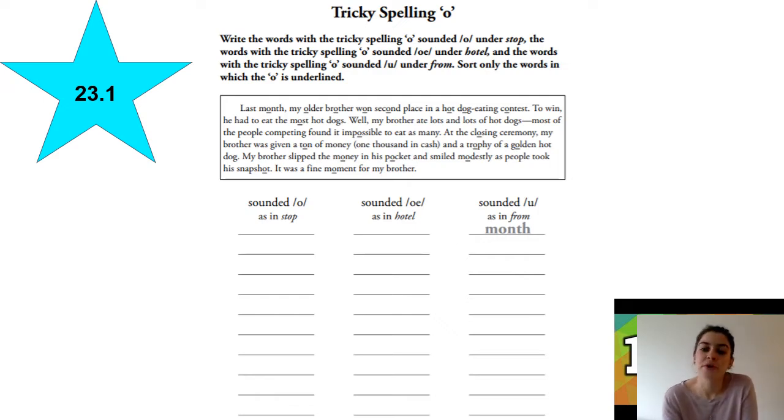As you're reading the story, you're going to find 7 words to write in the first column, 6 words to write in the O column, and 5 words to write in the last column. Don't forget to cross out as you go so you know what words you've used already. This would be a good place to pause the video and complete this activity page for practice.